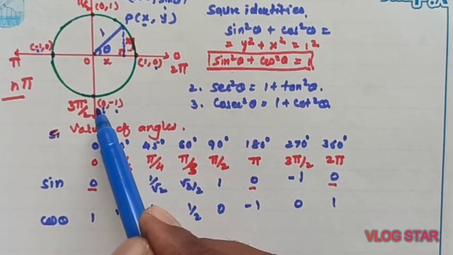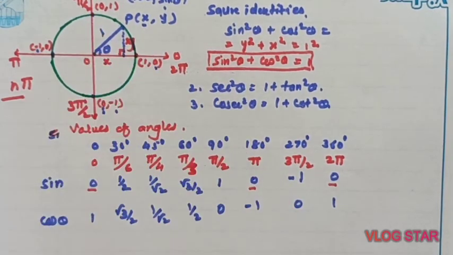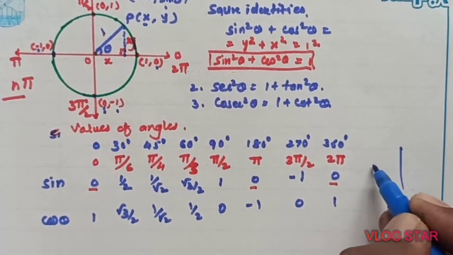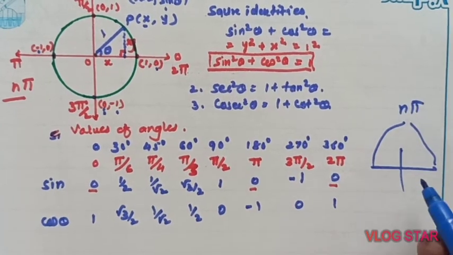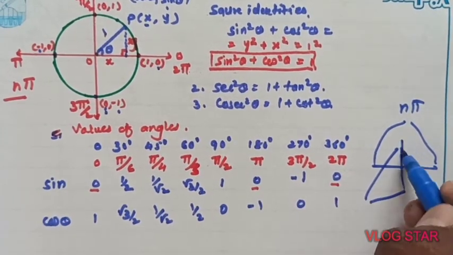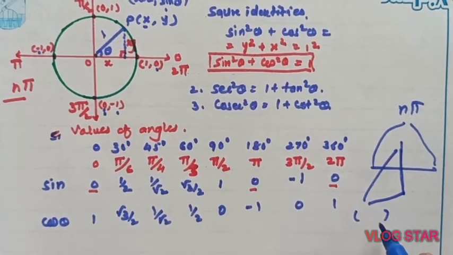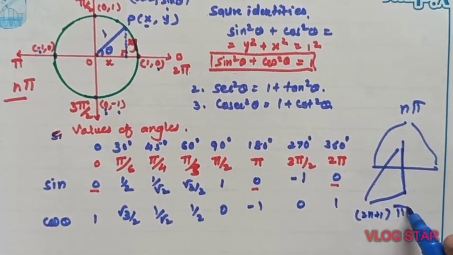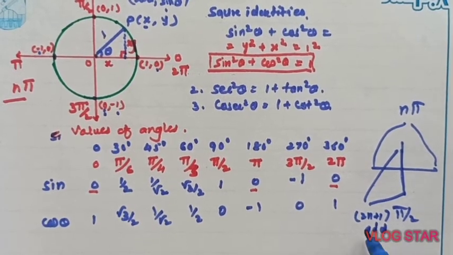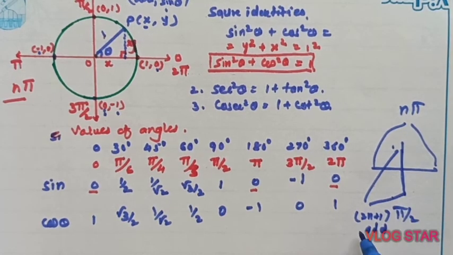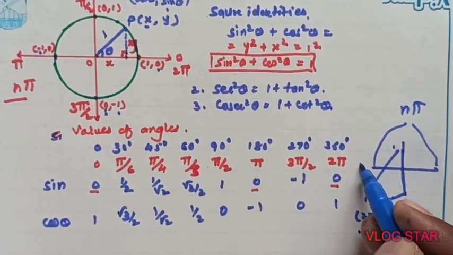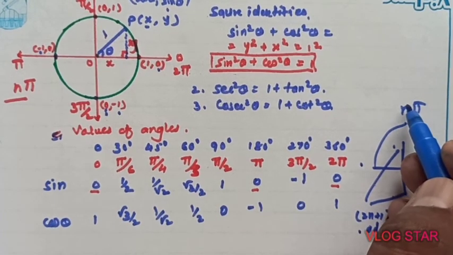So in general, odd multiples of pi by 2, that is 2n plus 1 times pi by 2, where n is not just a natural number, n is any integer: 0, minus 1, minus 2, like that. So for the two positions on the y-axis we consider odd multiples of pi by 2, and for the two positions on the x-axis we consider n pi.